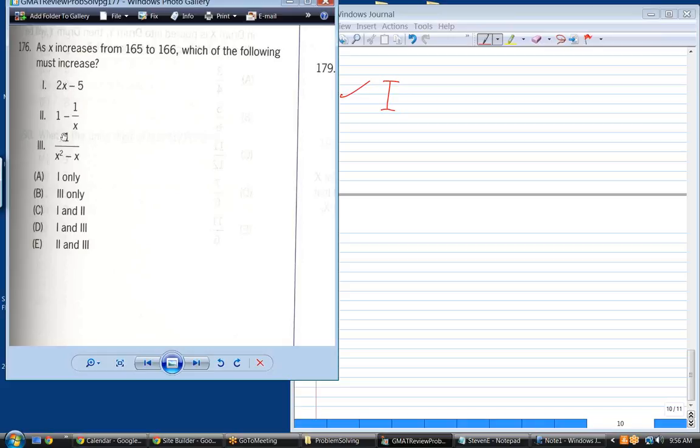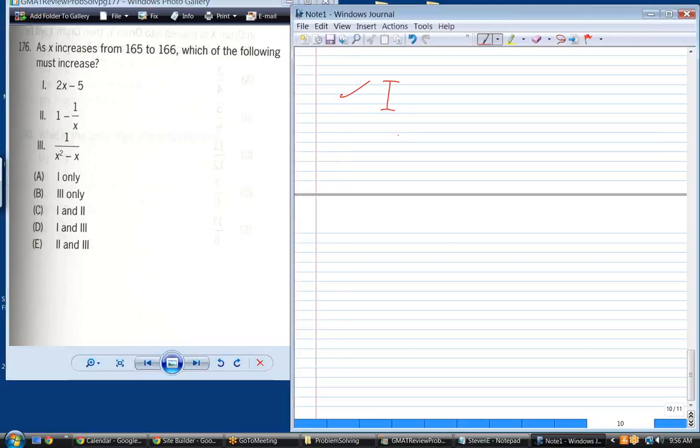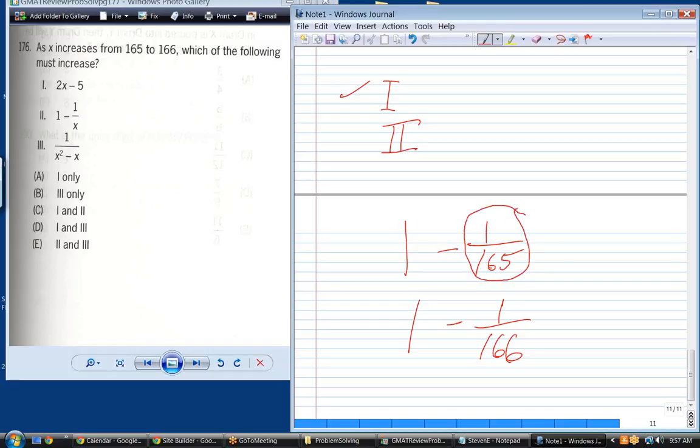Notice that numbers 2 and 3 are more complicated. Oh yeah, if it's in a denominator, that number is going to get much, much smaller. However, the smaller it gets, the more of 1 you're left with. So I would say it does increase. Well, it's easier to see if you actually draw it out. This number is bigger than this number, right?